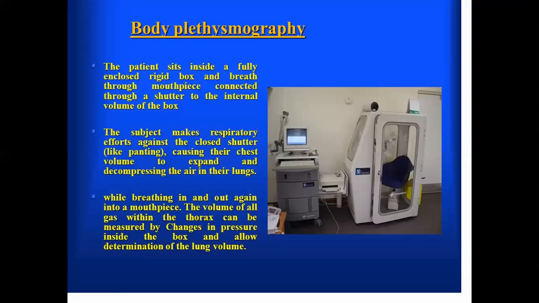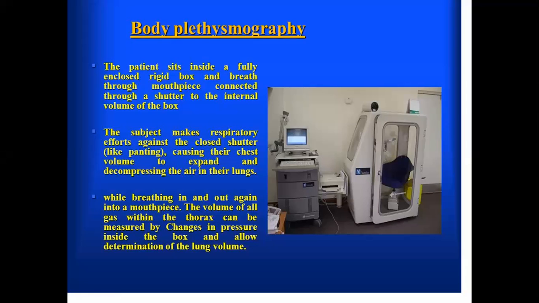While inhaling, the chest enlarges and its volume increases. When exhaling, the chest compresses.